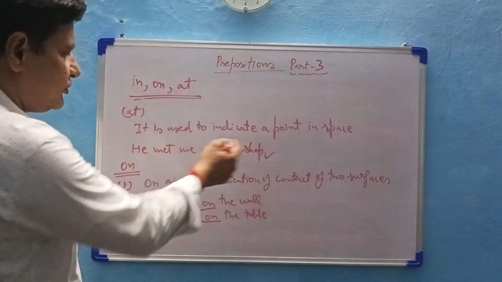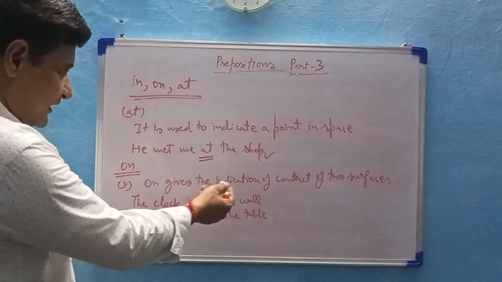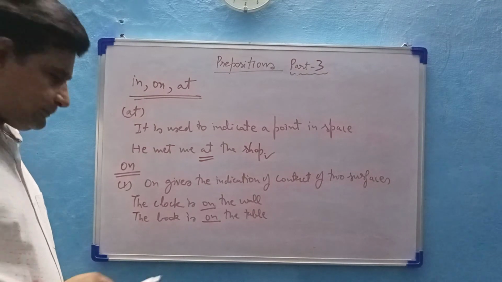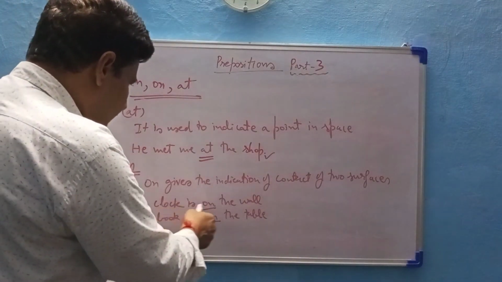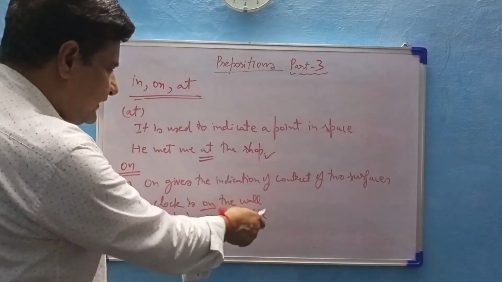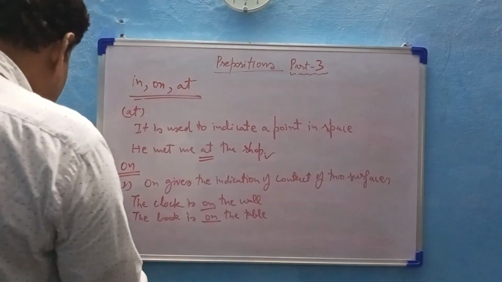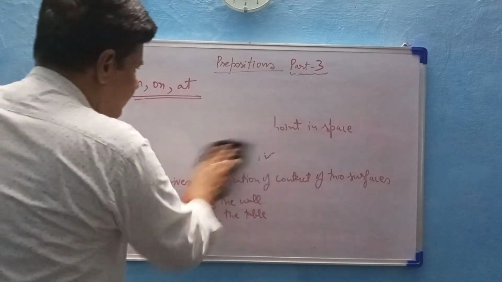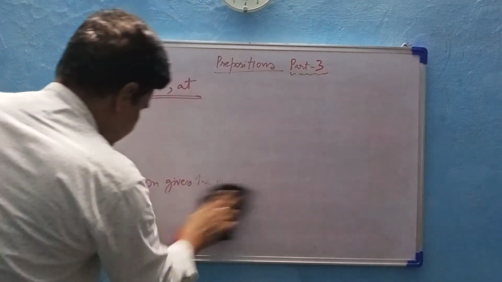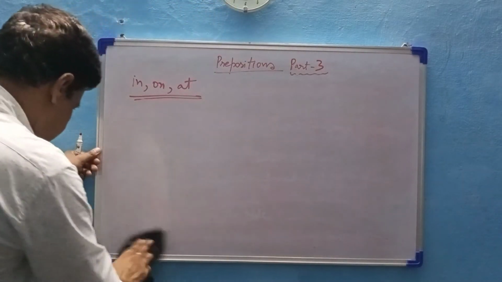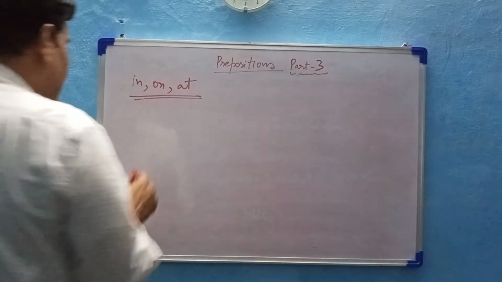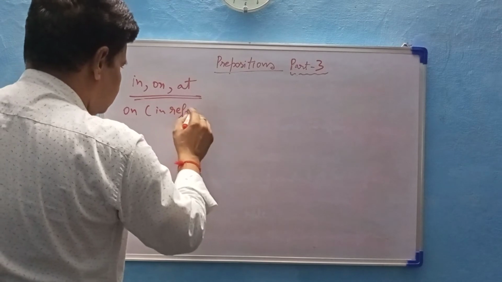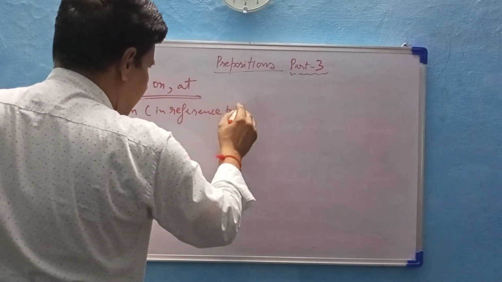He met me at the shop. On gives the indication of contact of two surfaces. The clock is on the wall. The book is on the table. Now understand the uses of on in reference to time.